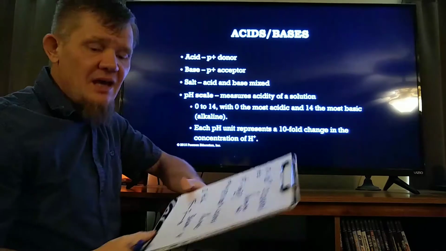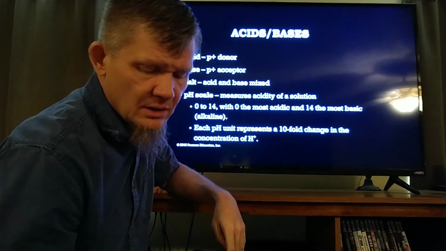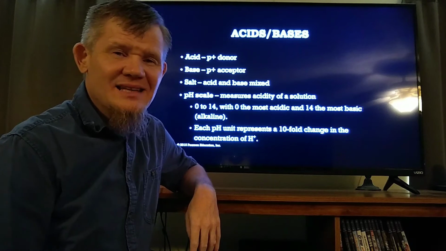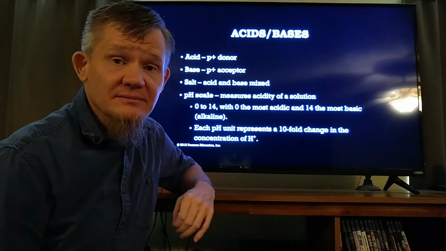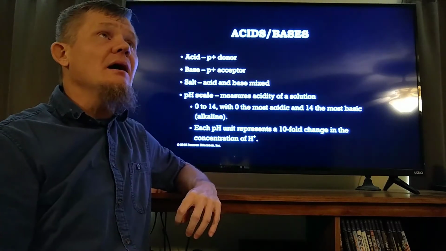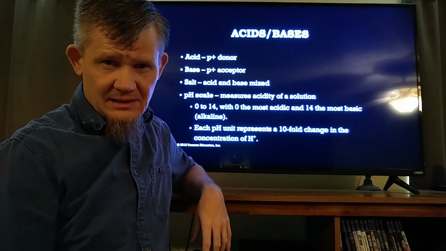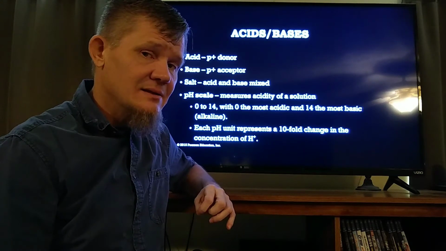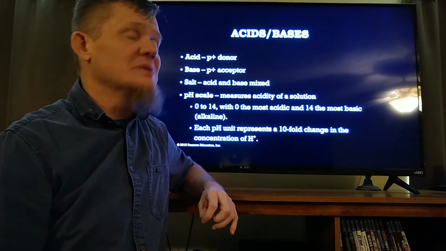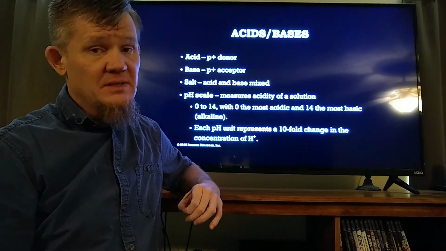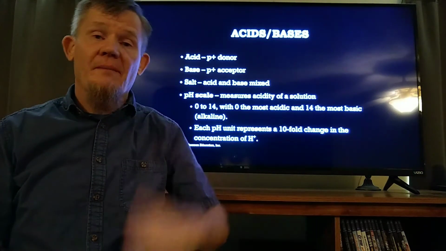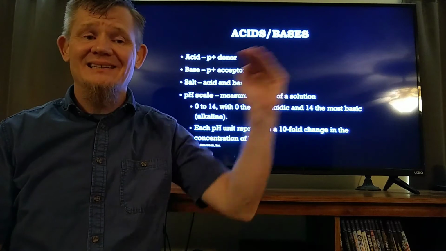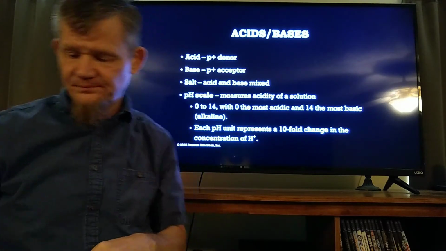So pH 4 is 10 times as acidic as pH 5. And it is 100 times as acidic as pH 6. And 1,000 times as acidic as pH 7. The pH scale moves by orders of magnitude. Each full step is 10 times different than the last one.